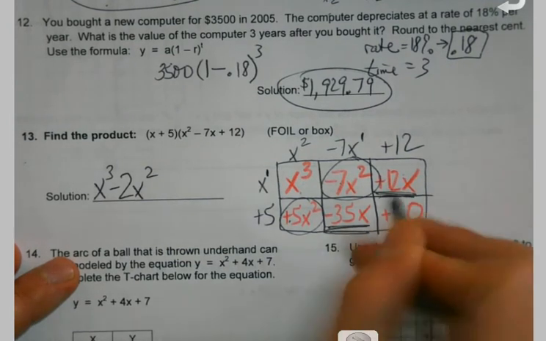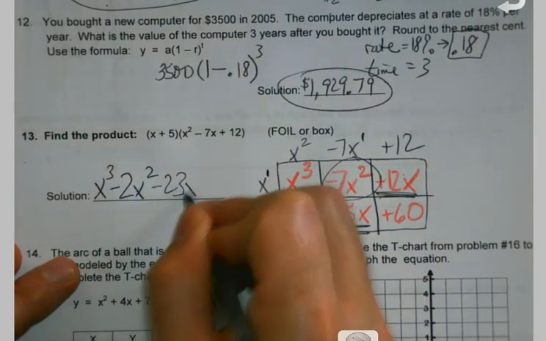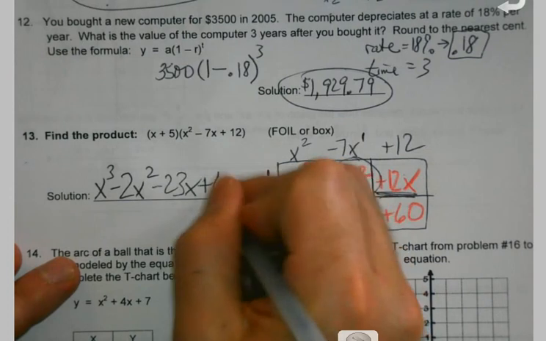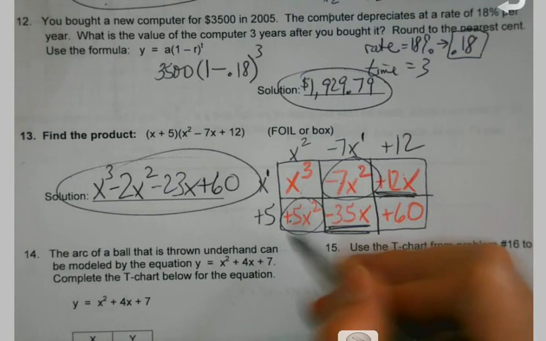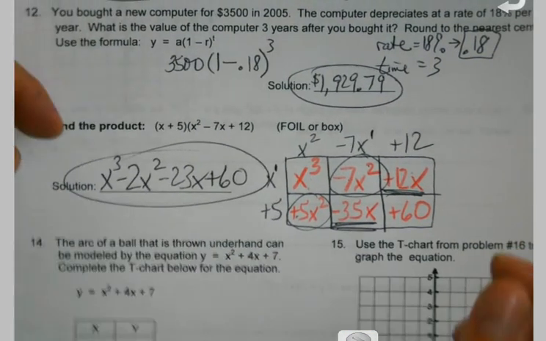Negative 35 and 12 is negative 23x. And the plus 60 is just there on the end. So it does all the organizing for me. I just got to make sure I've got things in good shape, working left to right. Yep, basically just starting at the left and working your way to the right. You'll get all your like terms that way. So it's kind of nice.